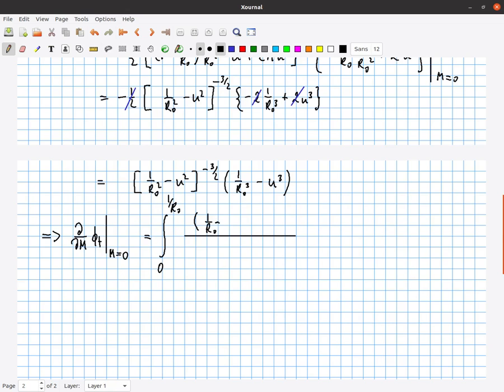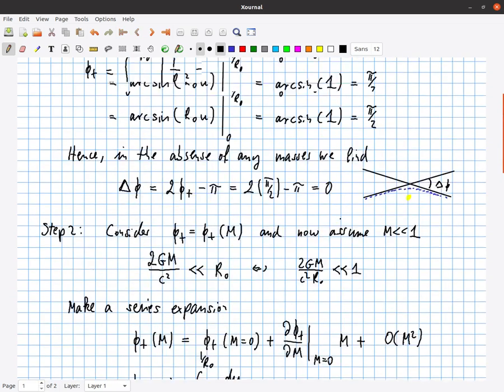One over r0 to the 3 minus u squared over the square root of 1 minus r0 squared minus u squared du, because this is the variable over which we integrate.